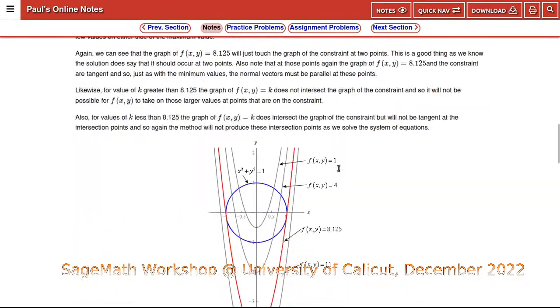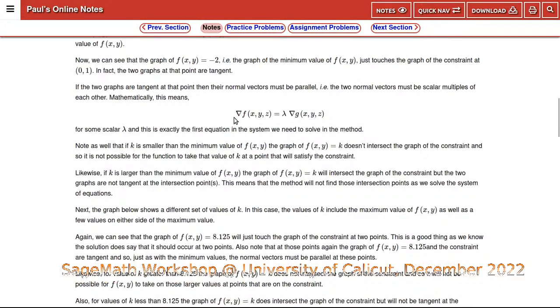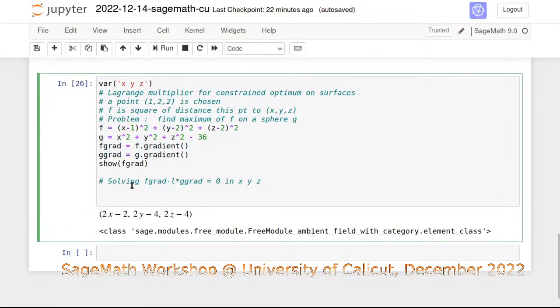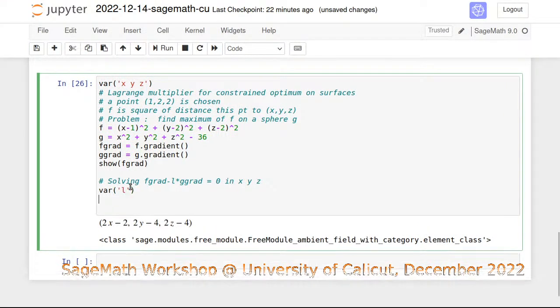Okay, so we are trying to solve this first of all: del f(x, y) gradient minus lambda del g(x, y) equal to 0. F minus L gradient, but we need to define L to be a variable. We haven't done that. Let's define L. Defining L as a symbolic variable. Now the values of L we will try to find out in terms of x and y, and we'll proceed like that.